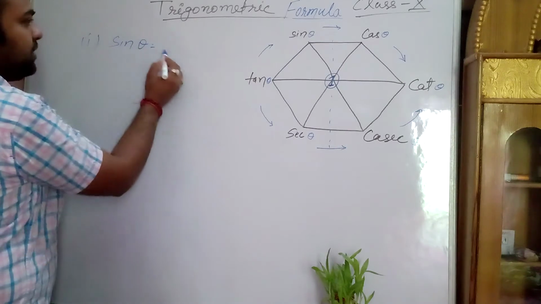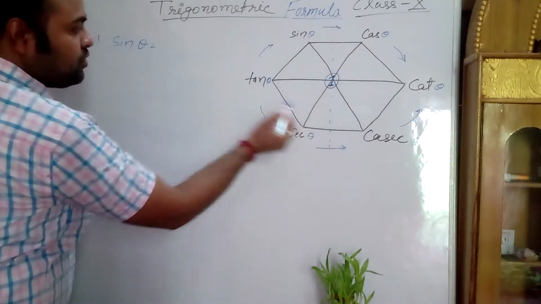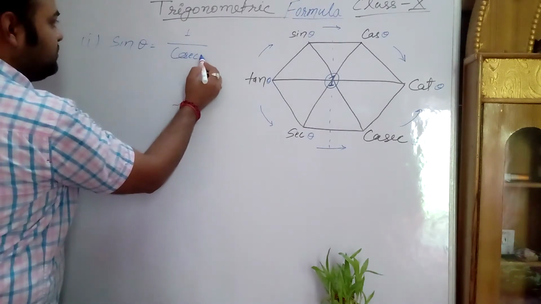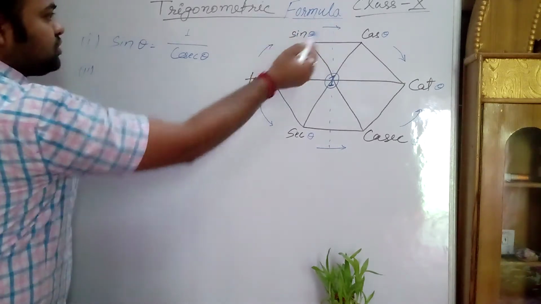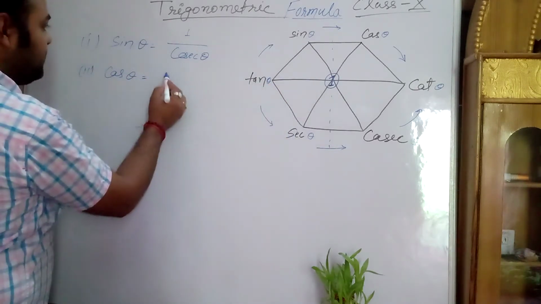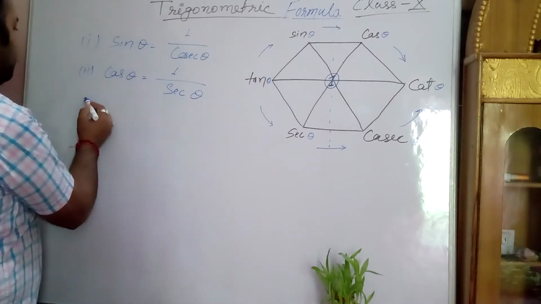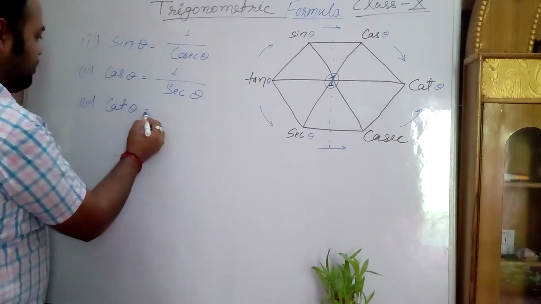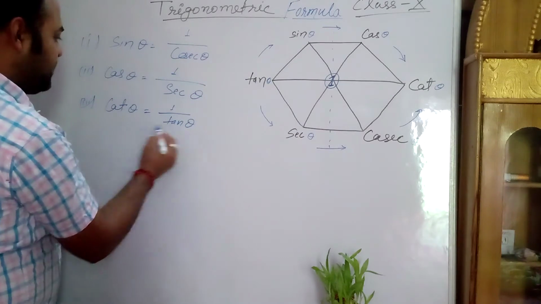Sin theta is equal to 1 by cosec theta. Second, cos theta is equal to 1 by sec theta. Third, cot theta is equal to 1 by tan theta.